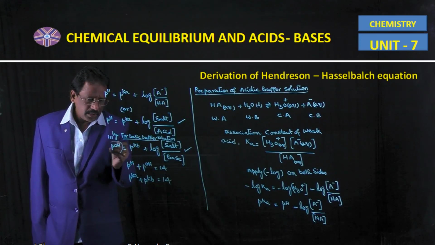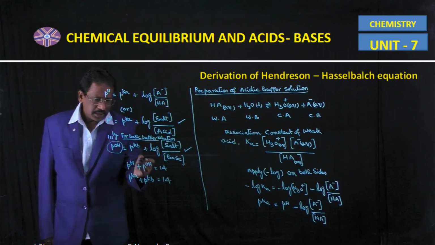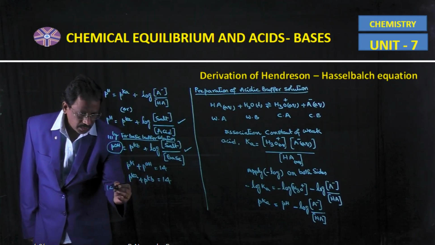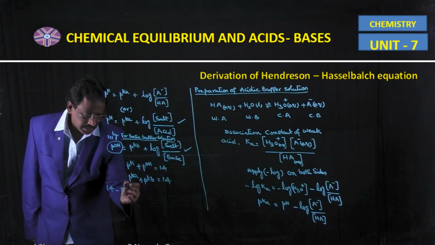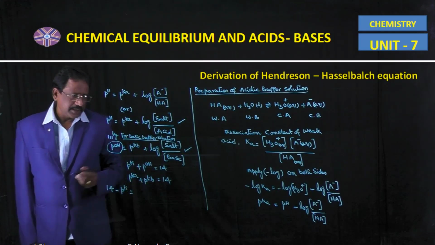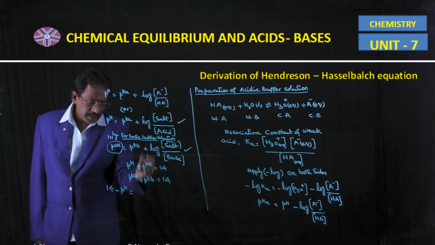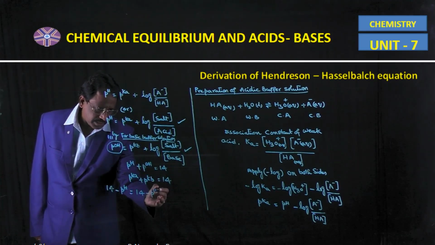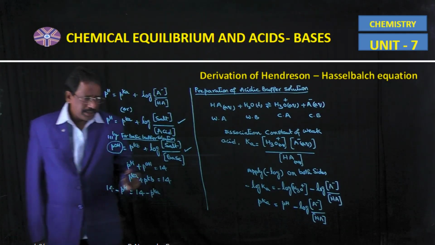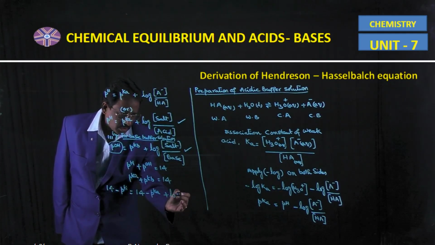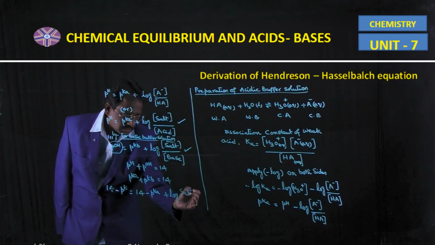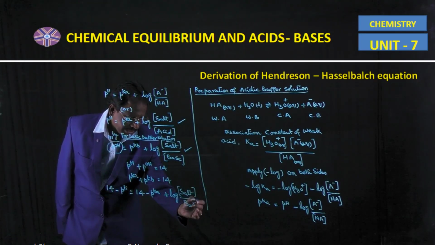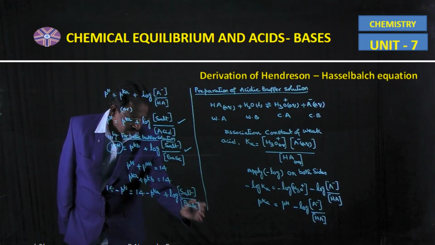Now, instead of pOH, write pOH is equal to 14 minus pH. From this, pKb is 14 minus pKa plus log of the salt active mass divided by the active mass of the weak base.